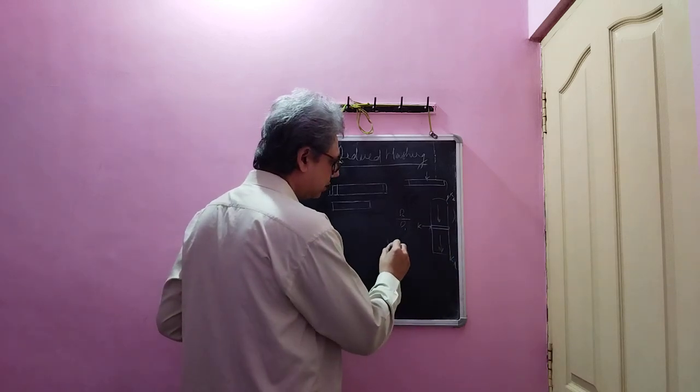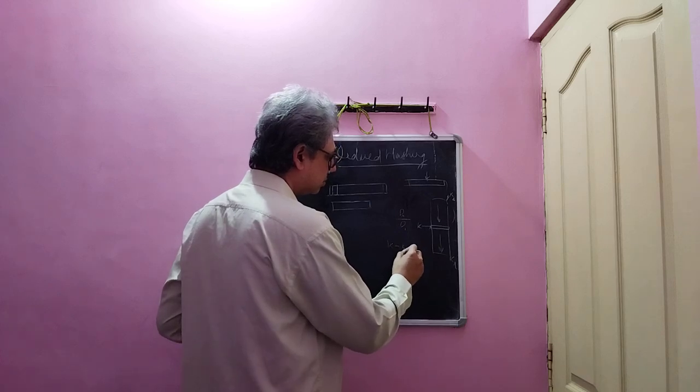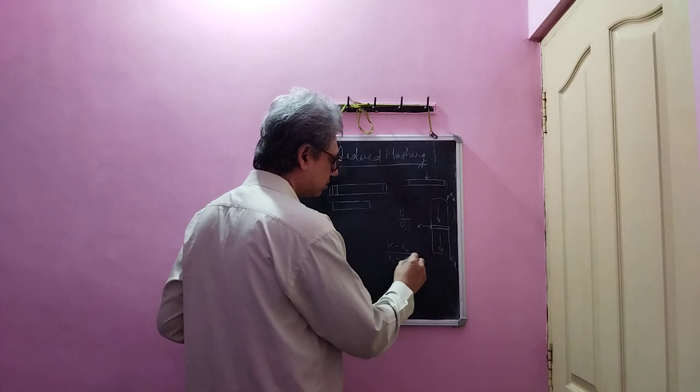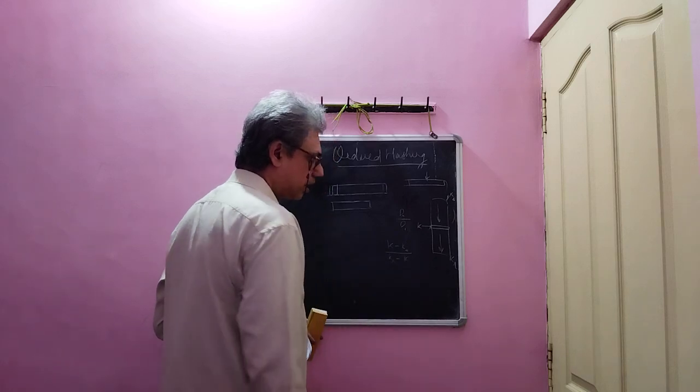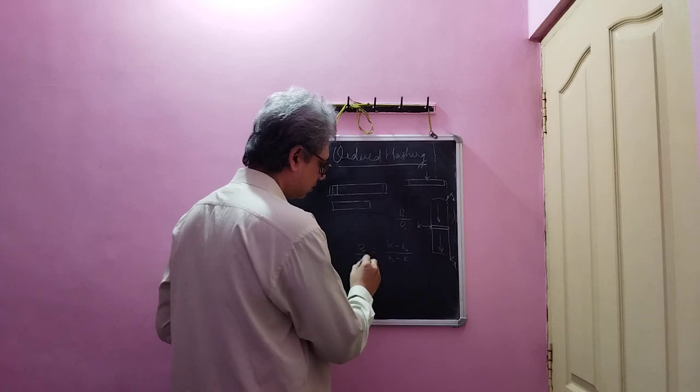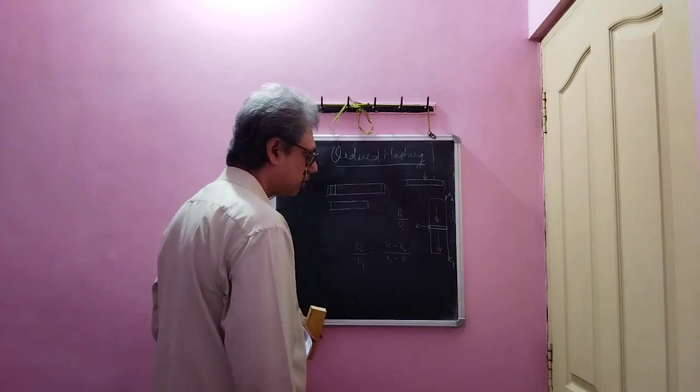Then the ratio k minus ks by kl minus k should be nearly equal to d0 by d1.